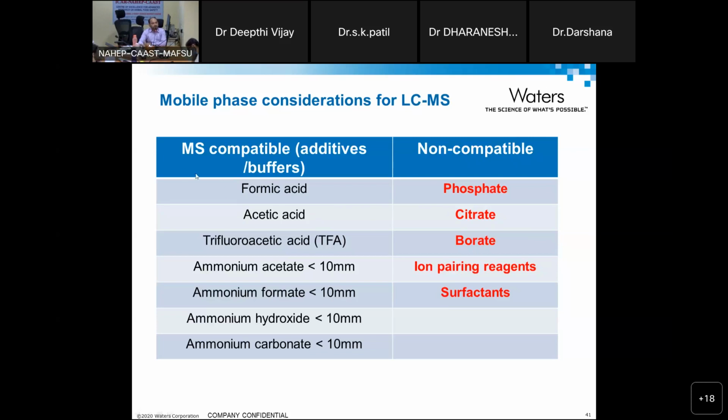I have made a list of some MS compatible additives and buffers which can be employed for LCMS applications. You can use additives like formic acid, acetic acid, and trifluoroacetic acid. Some buffers such as ammonium acetate, ammonium formate, ammonium hydroxide or ammonium carbonate can be used at lower concentrations for separation on liquid chromatography when you work on LCMS.